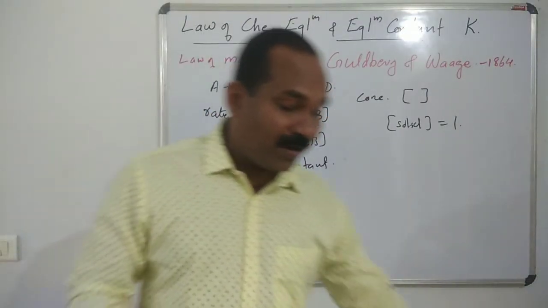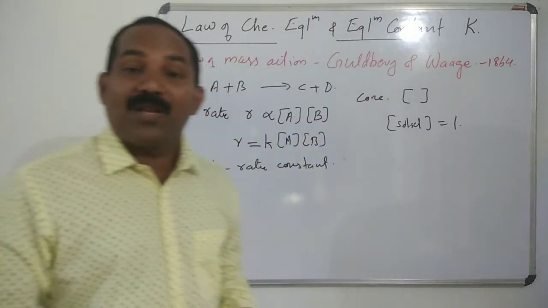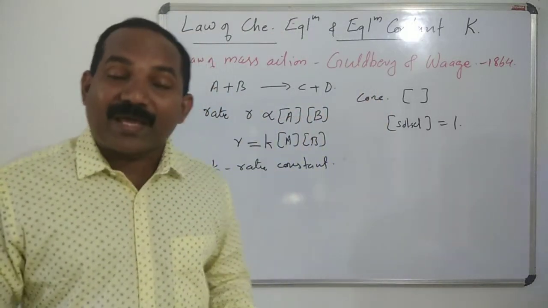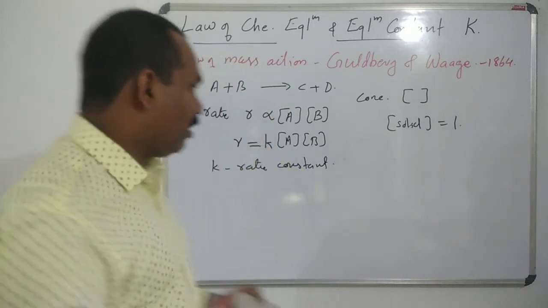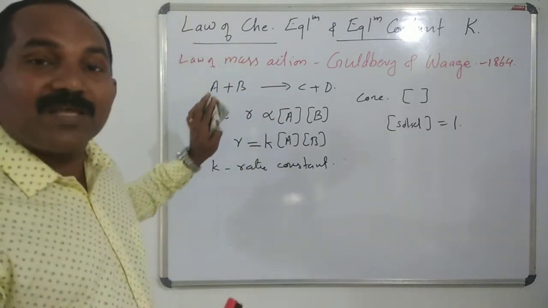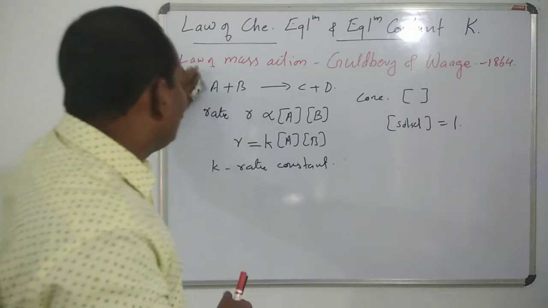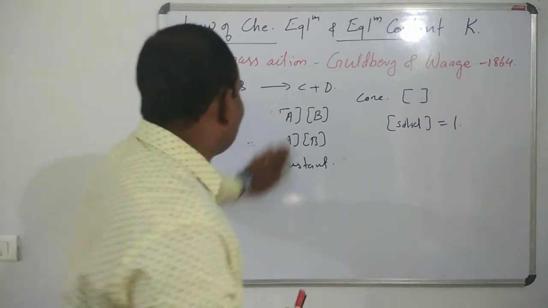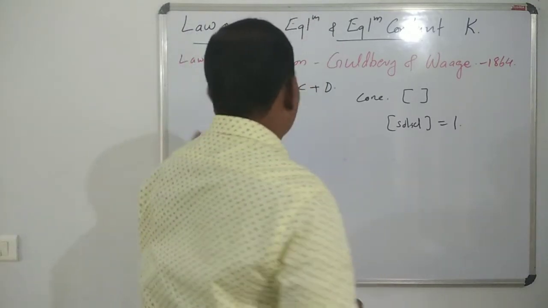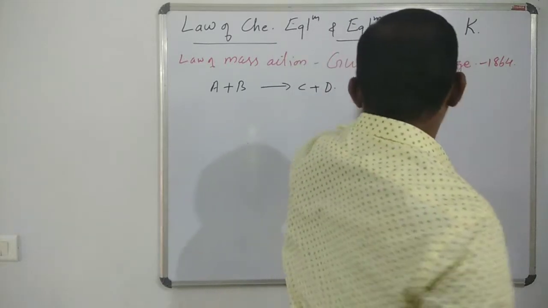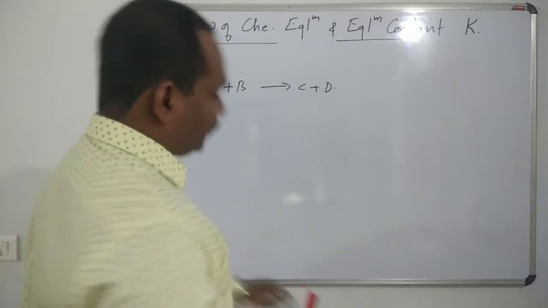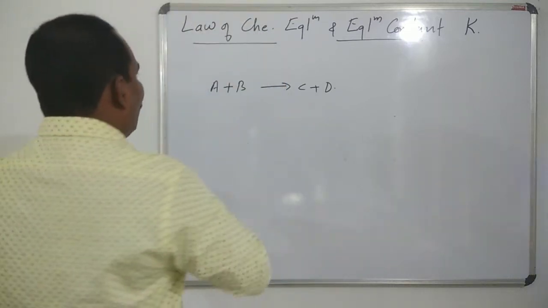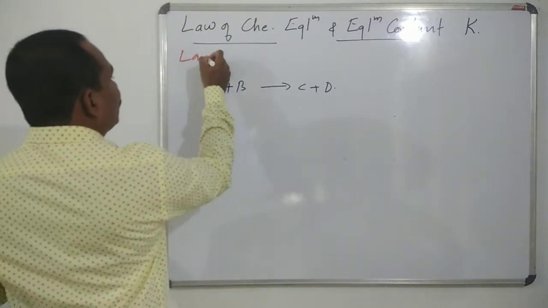Then by this law of mass action, we can explain the law of chemical equilibrium. So keep this in your mind. We move to the law of chemical equilibrium.